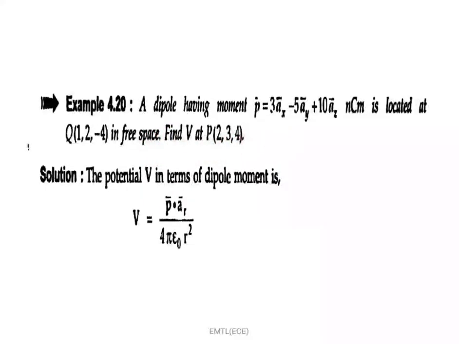Find the potential at point P(2, 3, 4). In this problem, they have given the moment and a point Q. We have to find the potential.